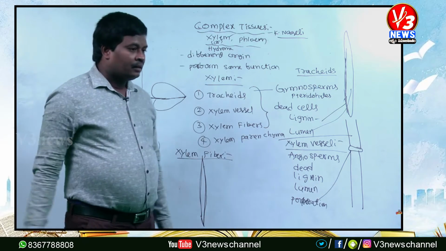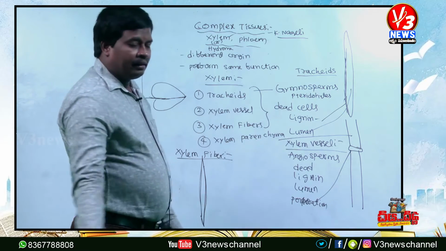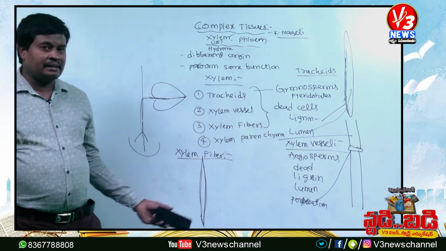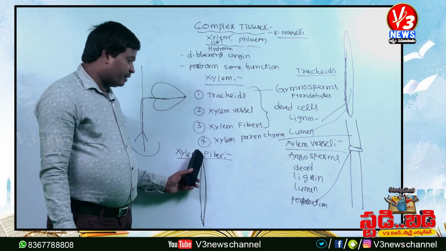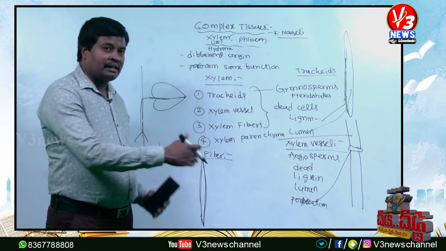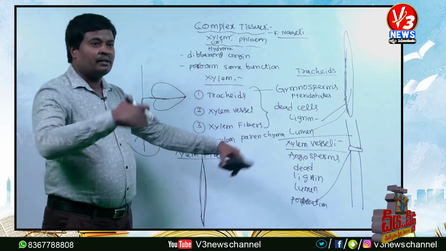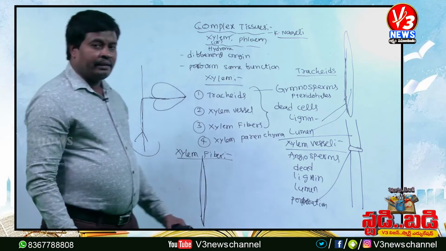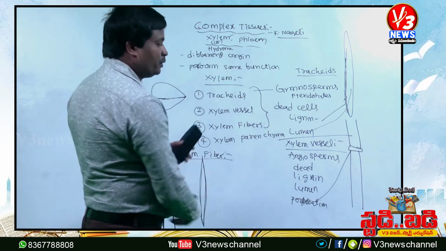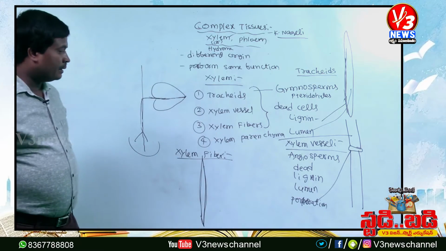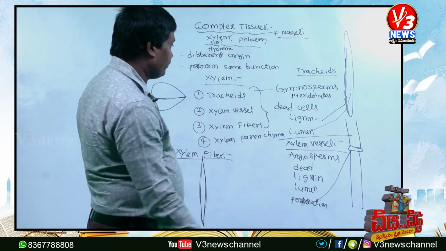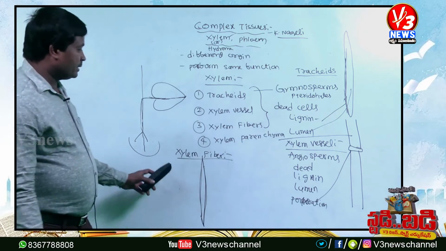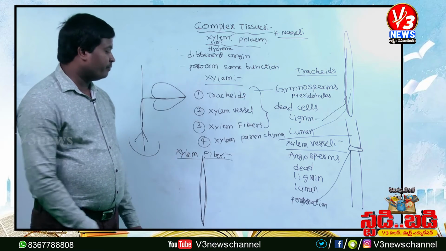These fibers are used as commercial fibers. One xylem fiber intervening, meaning one fiber attached to another fiber, and these fibers are used in making different types of ropes and jute bags. Different commercial products are produced from xylem fibers.